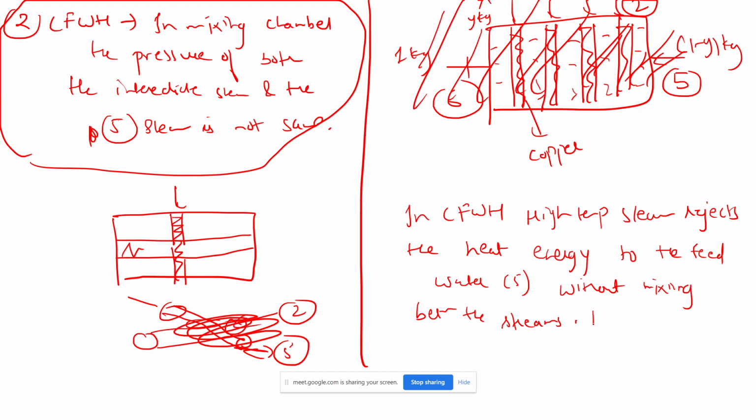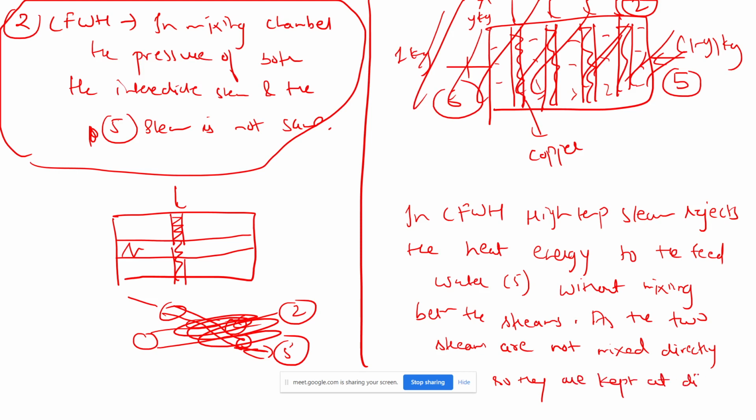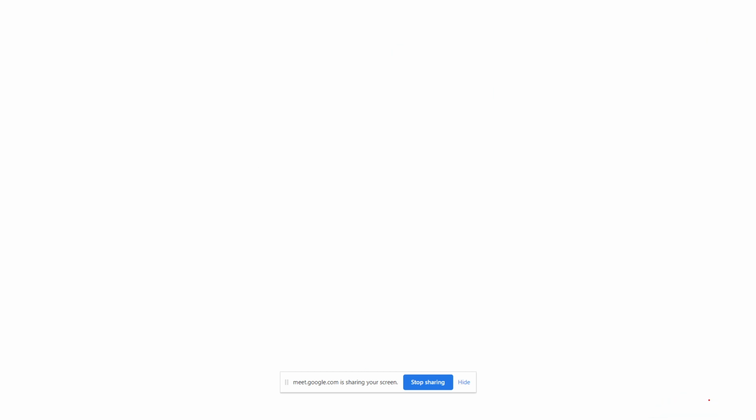As the two streams are not mixed directly, they are kept at different pressures. Here I will draw the diagram.